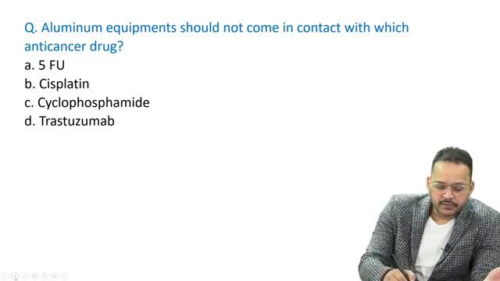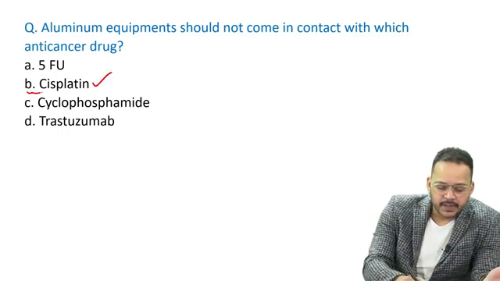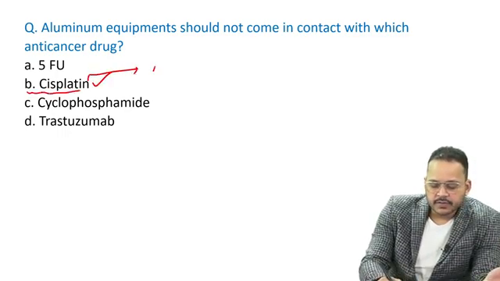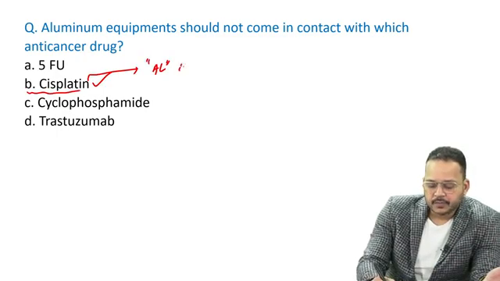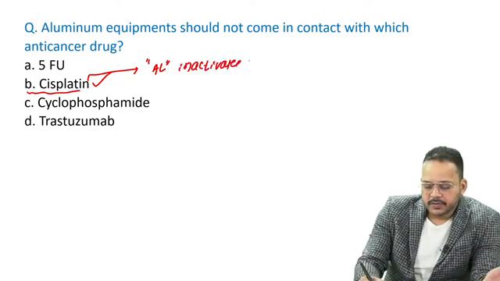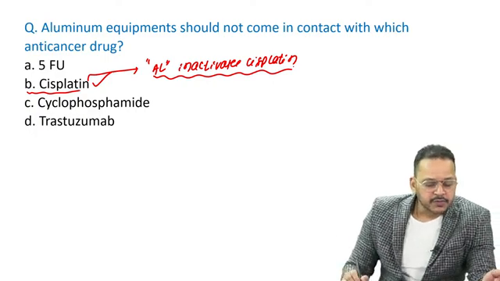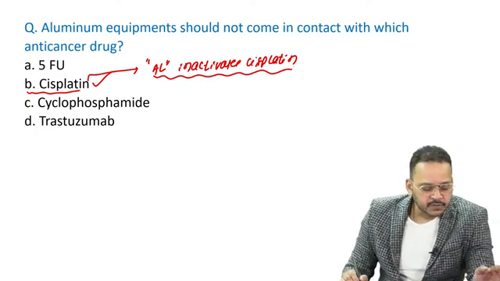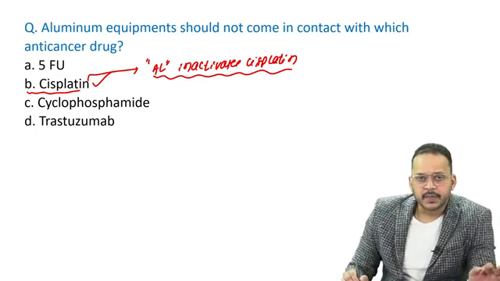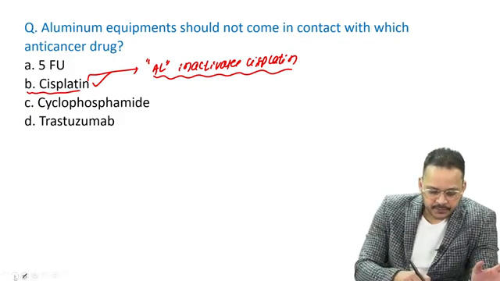Excellent, guys. Most of you have given the right answer. Your answer is cisplatin, because aluminum inactivates cisplatin. Chloride and aluminum, these are two things which inactivate cisplatin. So B is the right answer.